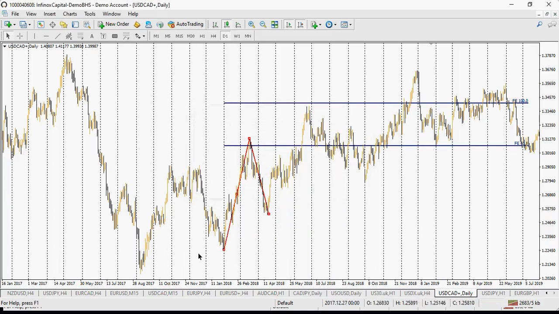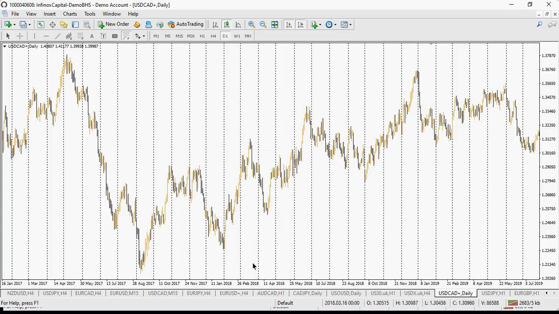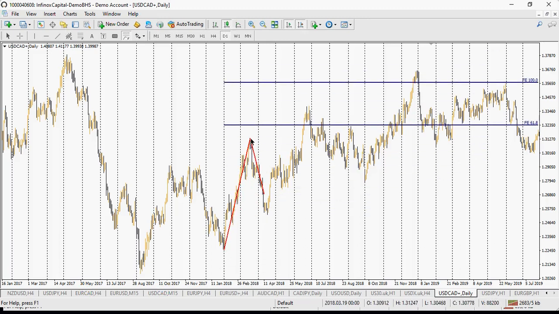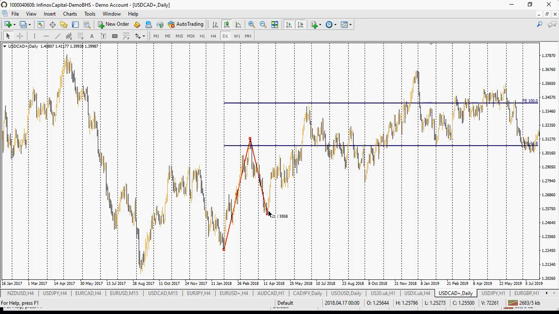Let me bold it so you see very well. So this is how to use expansion or extension to see how far it will go after this reversal. Take it from below, take it up, then pull it to the level of retracement. Okay, then first take profit here, second take profit here.